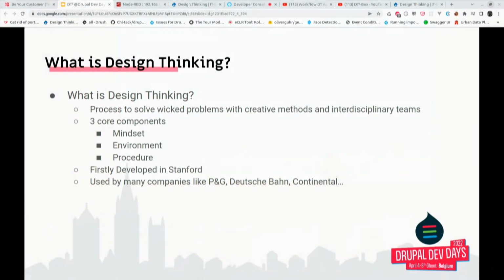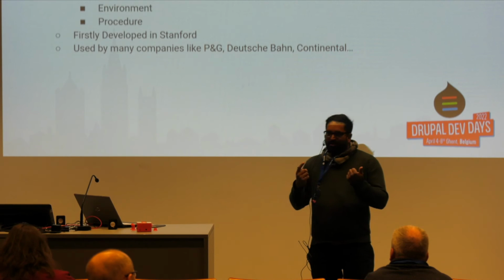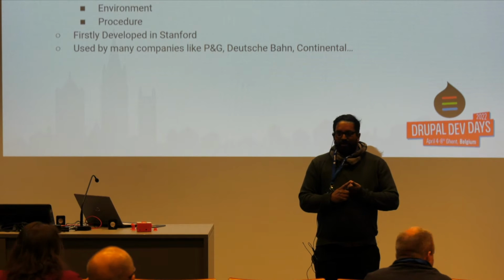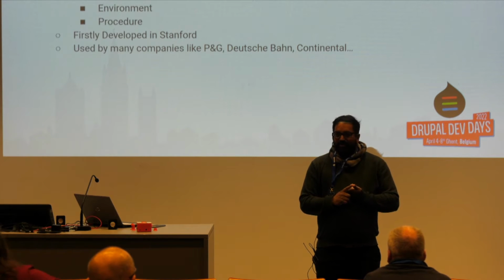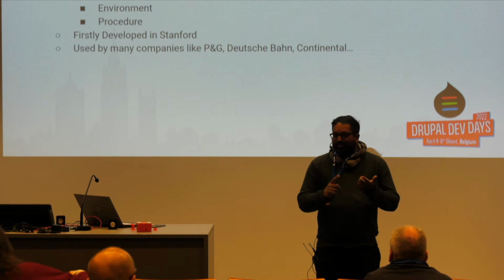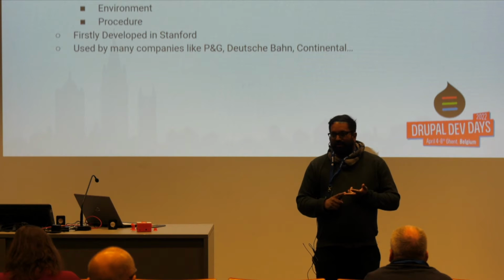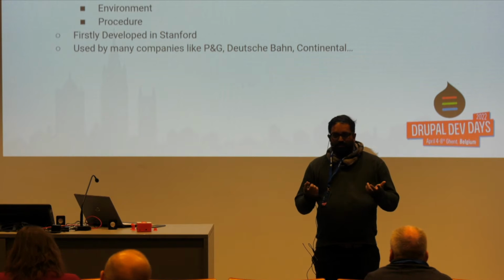So what is design thinking? You can call it a process where you want to solve so-called wicked problems or very complex problems, and you are using basically creative methods, mostly with interdisciplinary teams. So you have some people who are experts in ICT, and sometimes some engineers, or for example, also cleaning people.